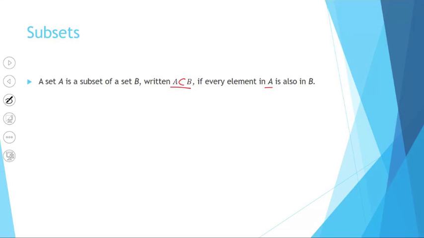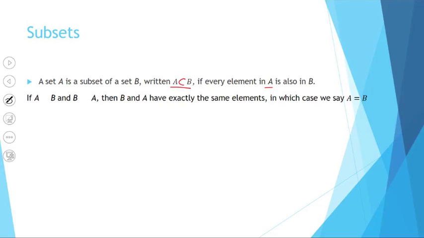If that's the case, all the guys are in the guy set, but all the guys are also in my class. So that group is a subset of the class. It's a group inside a group, if you want to put it like that, okay?